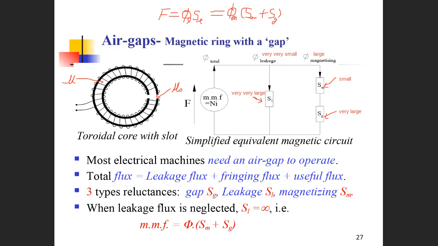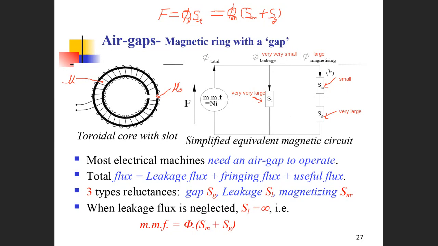That's the meaning of it, because these branches are in parallel, so the magnetomotive force drops here are equal. Do not ask me why, because some students always ask very strange questions like this. So this is the relationship between them. Then you can also use the total flux and the total reluctance.